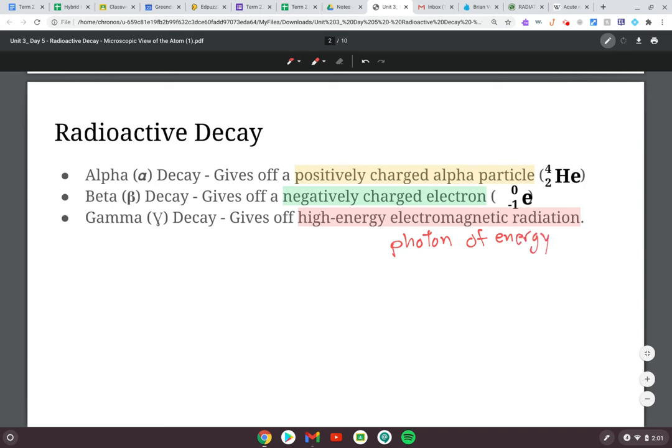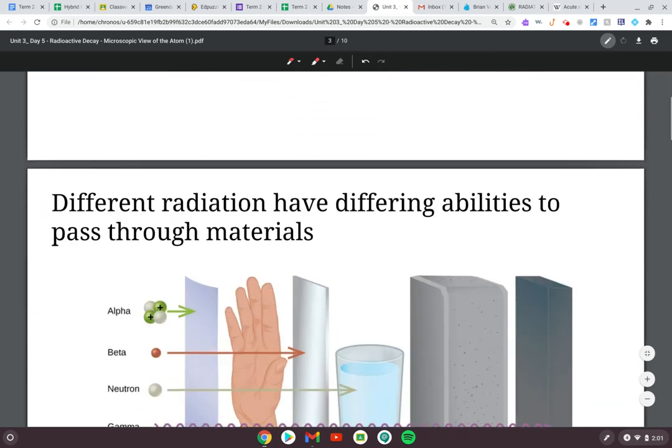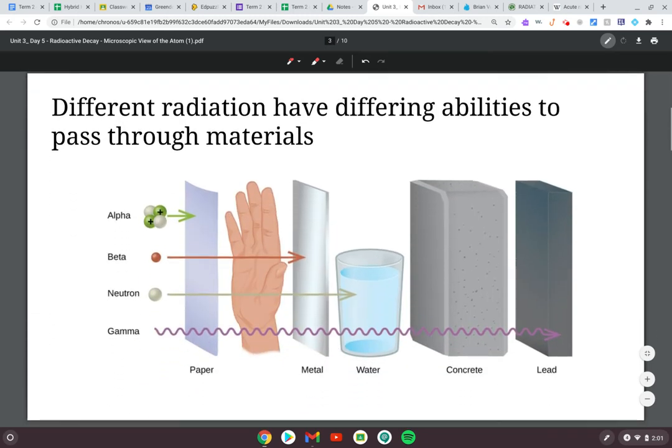And we'll talk about what that means at least a little bit more going forward. So we have the three different types of decay, and we're going to talk about them in a little bit more detail, starting with the different radiation and how easily or not easily they can pass through different materials.